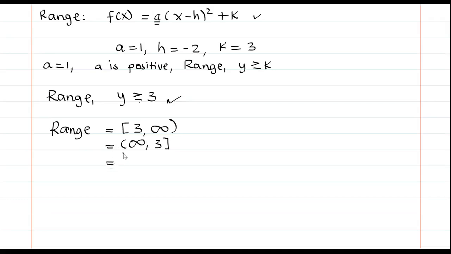In the set builder notation, our range is a set of y for which all the values of y are more than or equal to 3. So the values of y start from 3 and above, or they come from positive infinity and stop at 3.